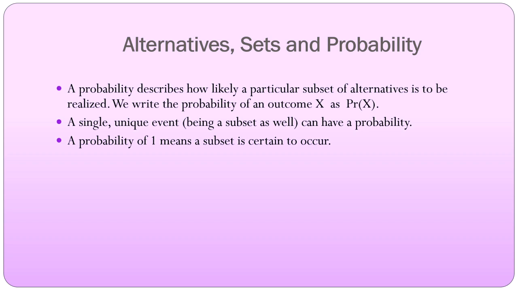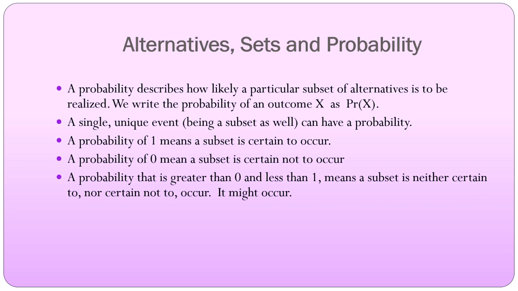Okay. A probability of 1 means that subset is certain to occur. And if that's a unique event, then we're saying that thing is definitely going to happen. A probability of 0 means a subset is certain not to occur.